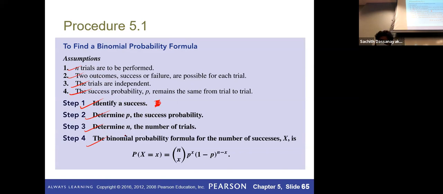So check this one: probability of X equals x. That is just one x value. If you need to find, say, 5 successes, this is simply X equals 5, so it gives you just one probability, right? If you need to find something like greater than 5, you have to plug in each and every x value greater than 5 one at a time and do the calculation.